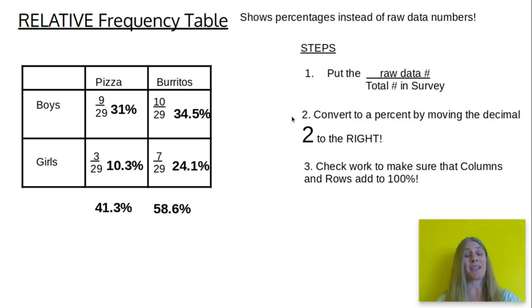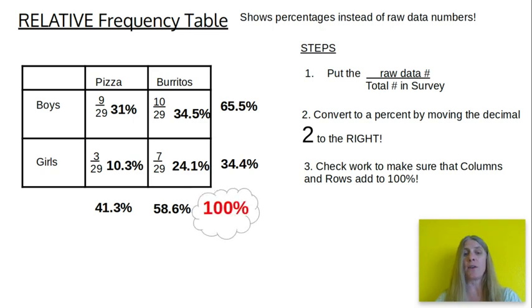It's what percent of the class is boys. And that 65.5% of the class was boys. And then when we add going across the rows, we're finding what percent of the class was girls. And that was 34.4%. Now, once again, we can add all these 4 together, or we can add our columns together and our rows together, and that should tally to be 100%. Now you can see it's actually 99.9. As long as you're close, you are fairly confident that you didn't make an error.